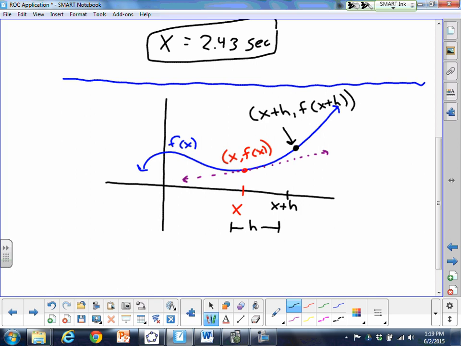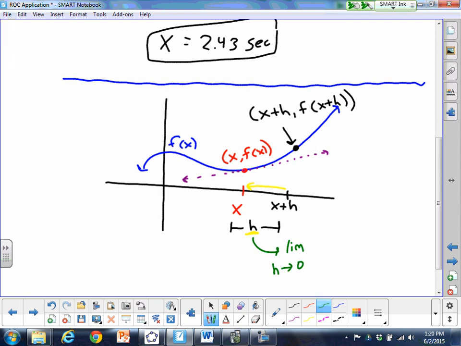And what we're doing is saying we want to make that point as close as possible. I want this distance to be as small as possible, so what we're doing is limiting that h. That's why it becomes the limit as h goes to 0.